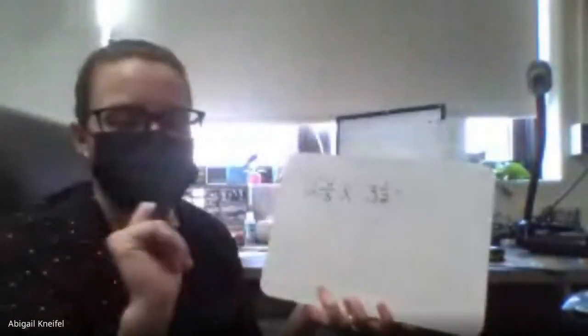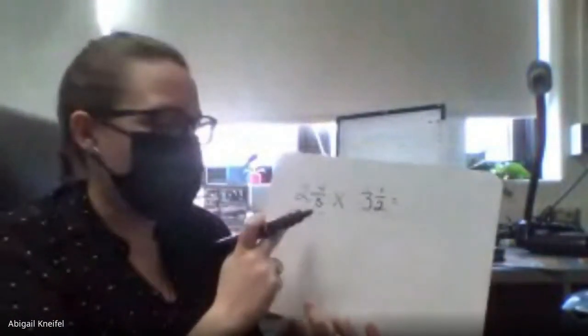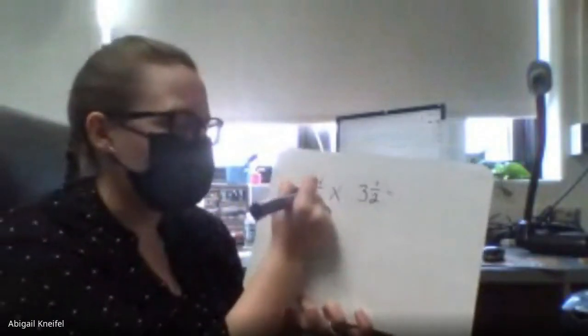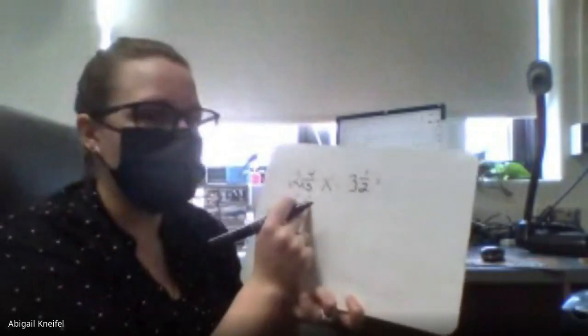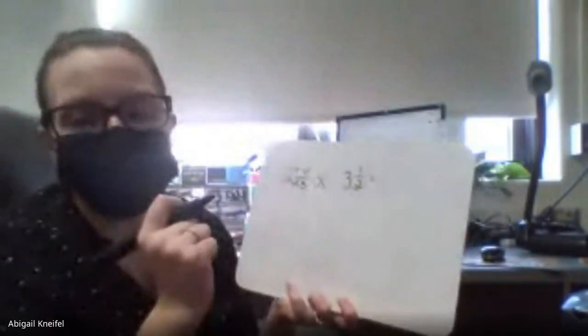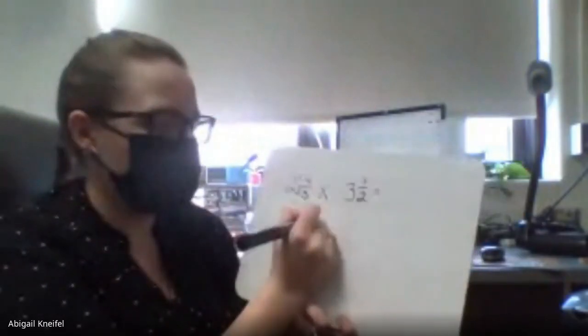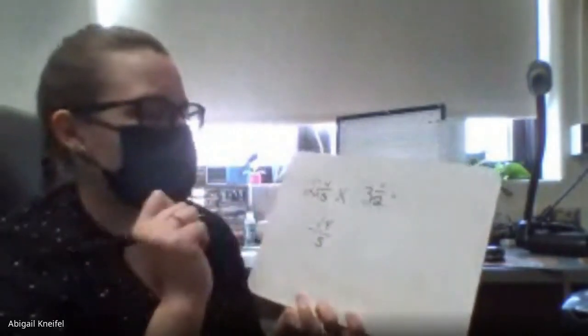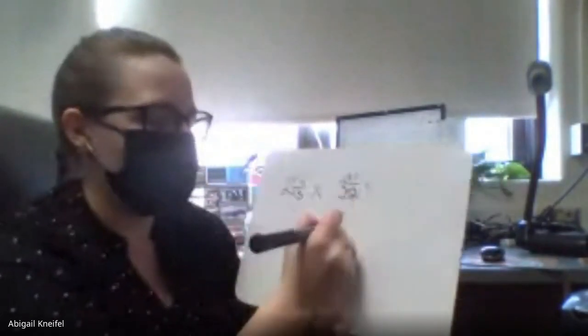So, first thing I need to do, change my mixed numbers into improper fractions. So, I times the whole number and the denominator, add the loose numerator on the top. 2 times 5 is 10, plus 4 is 14 over 5. 2 times 3 is 6, plus 1 is 7 over 2.